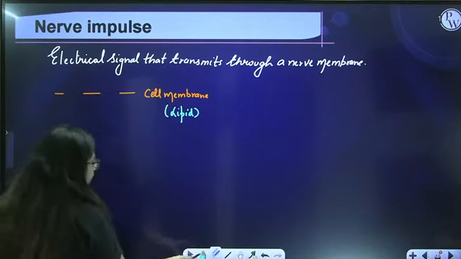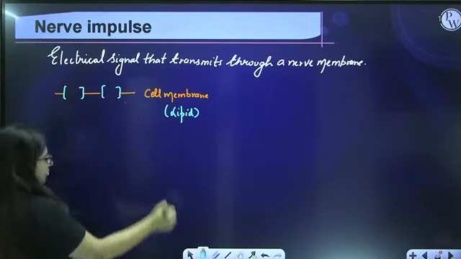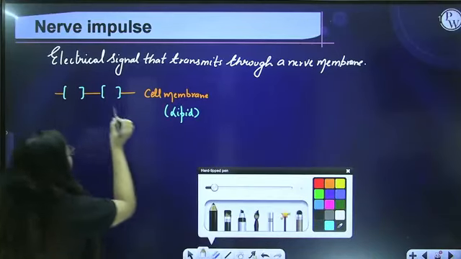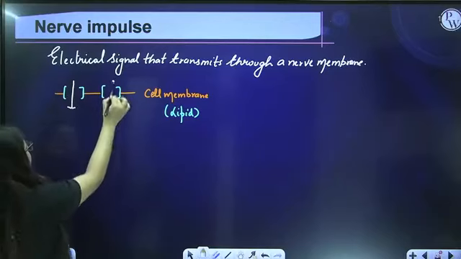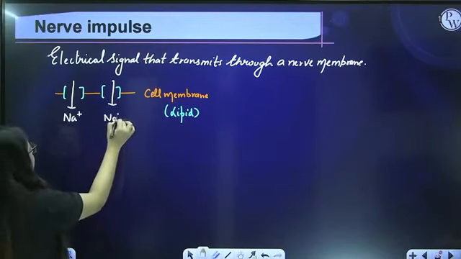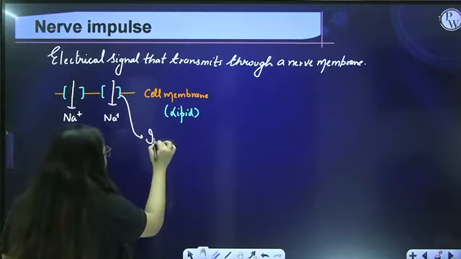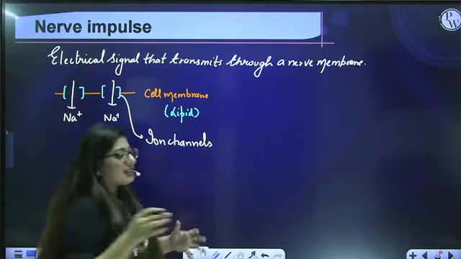So for that, we have certain ion channels. For example, this is a sodium ion channel. So when this opens, that leads to the movement of sodium ions, right? So what are these? These are ion channels. Ion channels are nothing but proteins.